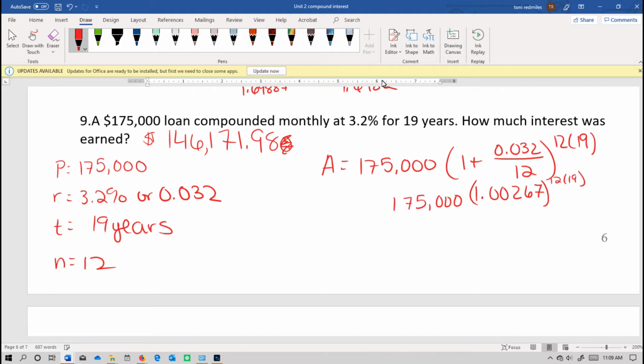All right, now I'm going to take that number and I'm going to raise it. So let me clear 1.00267, and I'm going to raise it to 12 times 19th power. Sorry for the noise in the background. Which is going to give me 1 point, and I'm going to take it out to the 5th digit. 3, 4, 1, 2, 3, 4, 5.